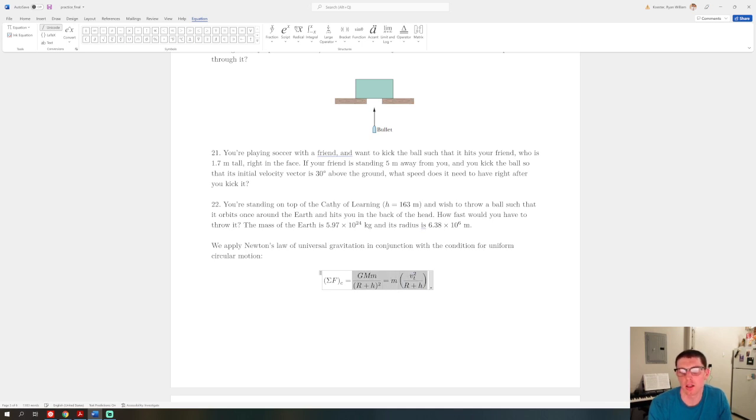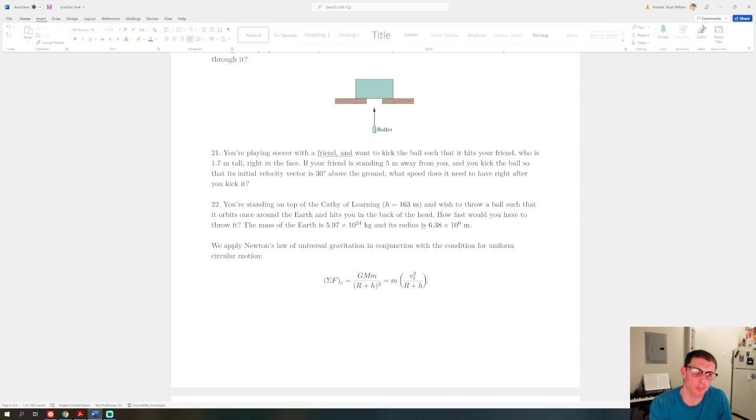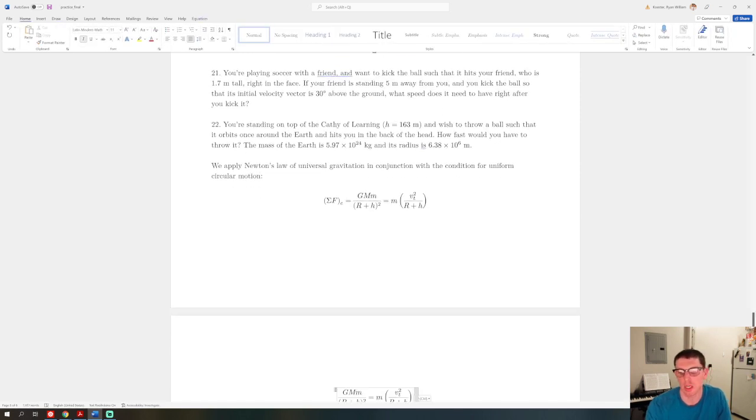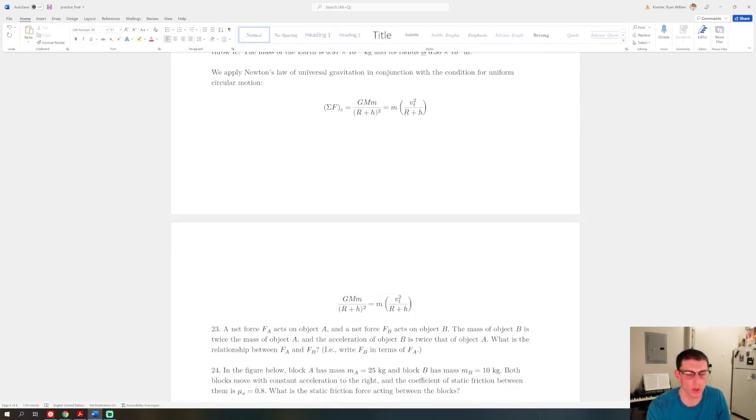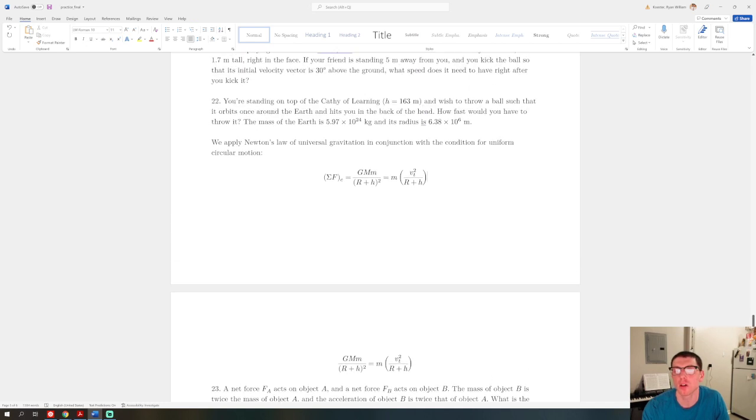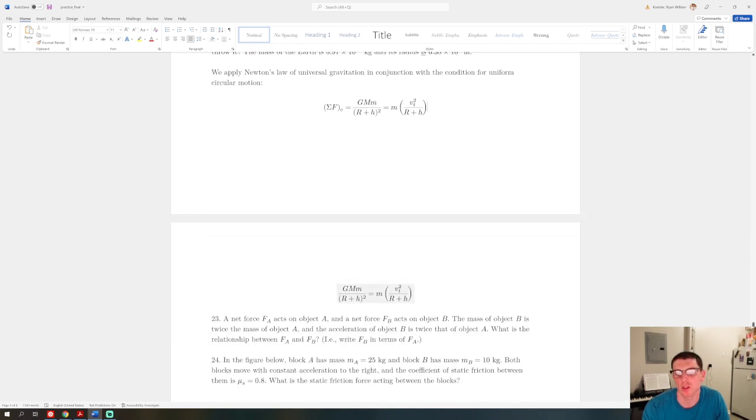We can clean this up a bit, because first of all, you'll notice we don't have the mass of the ball, right? But that's okay because it's common to both sides of our expression, so we get rid of it. Also there's the quantity R plus H squared in the denominator on the left-hand side and R plus H in the denominator on the right-hand side.